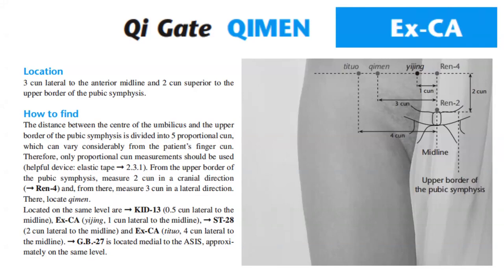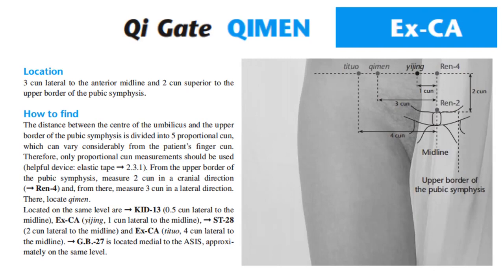And then from the border of the pubic symphysis, measure 2 tune in a cranial direction towards REN4. And from there, measure 3 tune in a lateral direction. There, locate Qimen.